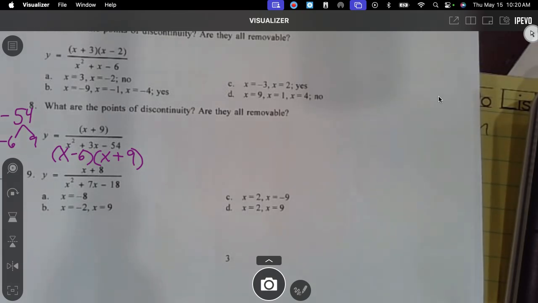I have x minus 6 and x plus 9. So were they all removable? No. This one was not. So that answer is no. But what are the points that x couldn't be? It can't be 6 and negative 9. Those are the two numbers they can't be. Does this make sense? Are we okay with this? Factoring is key. You have to be able to factor.